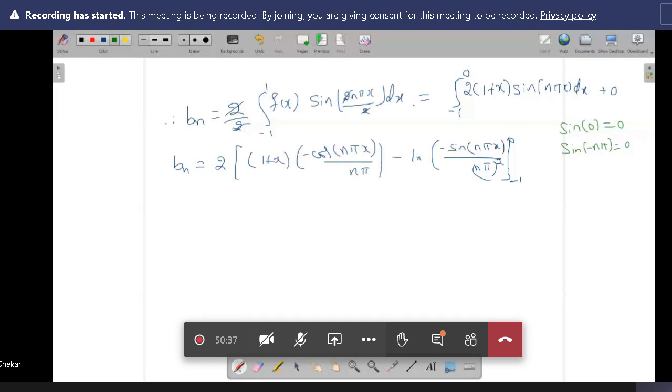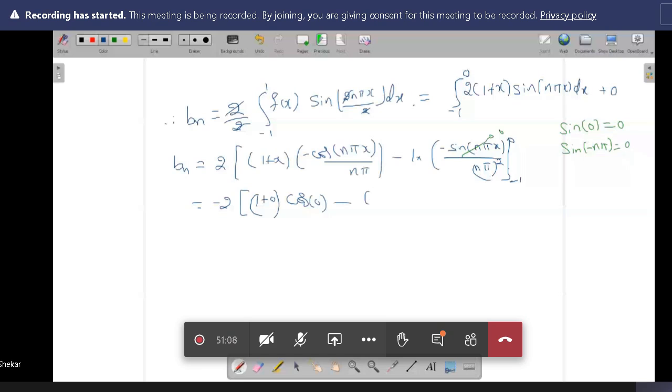So for both upper and lower limit, the second term will be 0. So we get only the first term, so that becomes minus, negative is constant, I take outside, I'll put the upper limit. So this is 1 plus 0, which is 1, into cos 0, and minus the lower limit is minus 1.